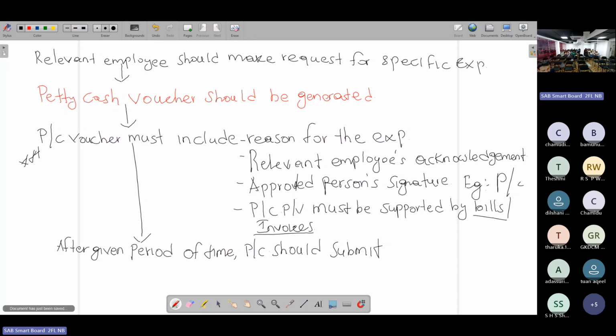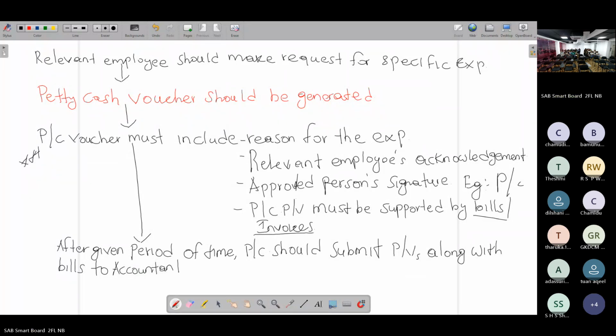So after the given period of time, the petty cashier should submit payment vouchers along with bills to the accountant, and he should get the same amount from the accountant for next month.